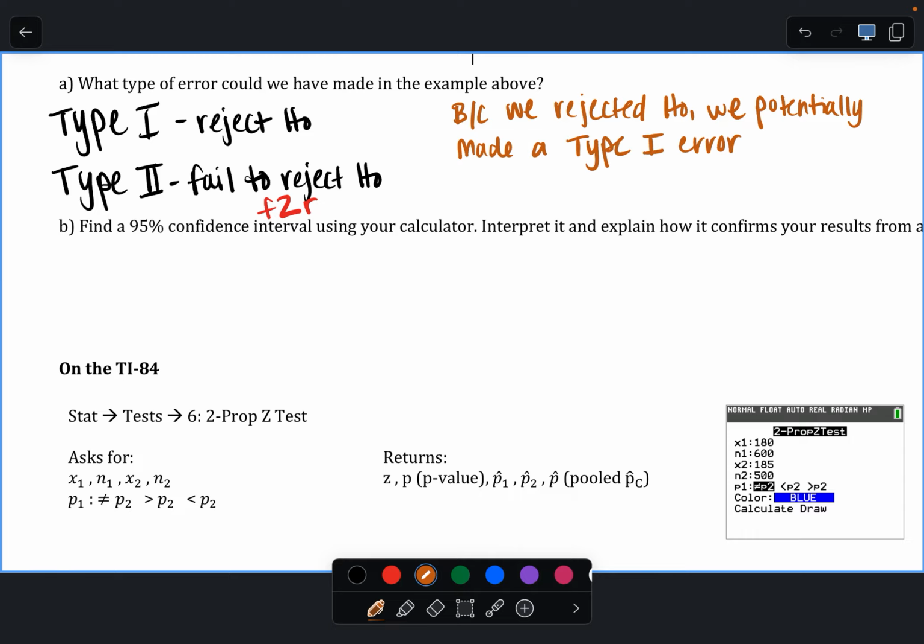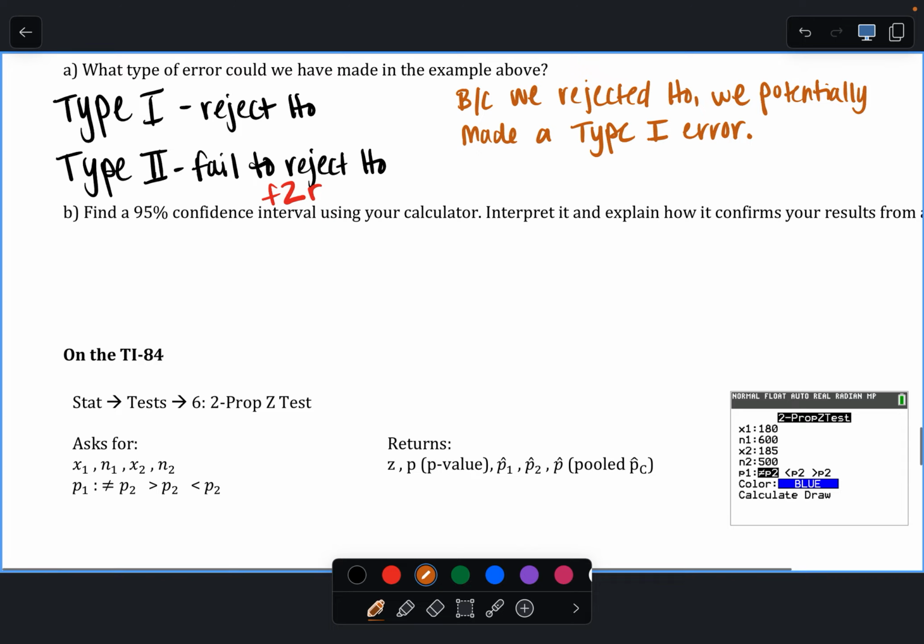And all that means is we rejected the null incorrectly. So we just made the wrong decision in the end. But there's nothing you can do to prevent error. It's just a possibility of what can happen. And usually, for the most part, you're just identifying what type of error it could have been. It's always tied to your decision making.